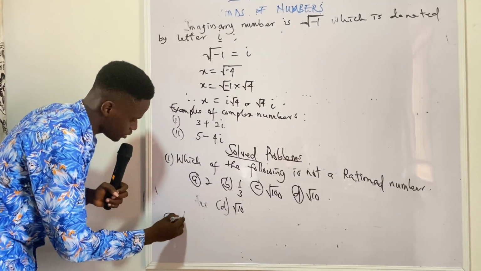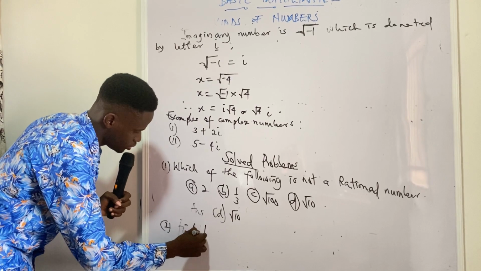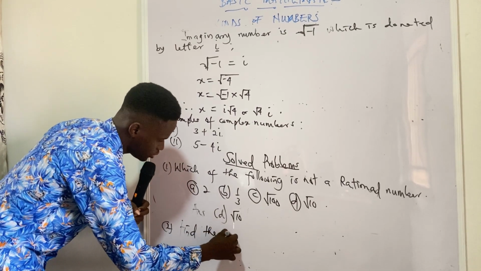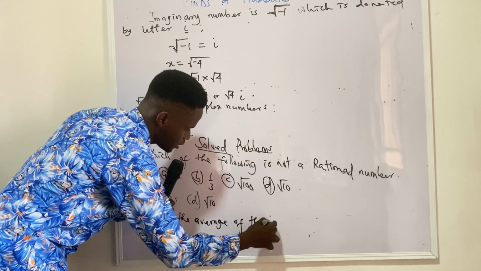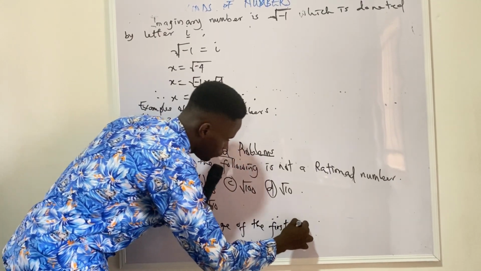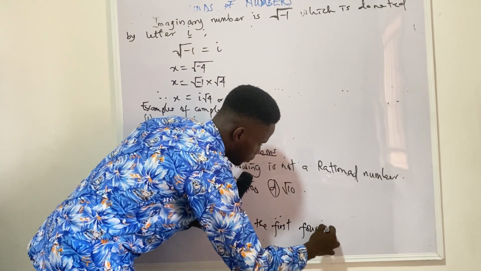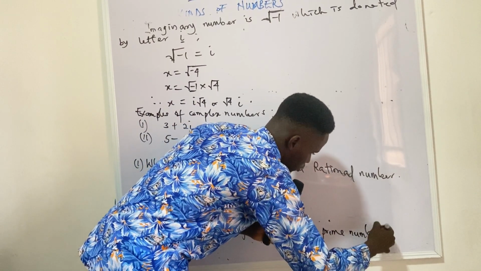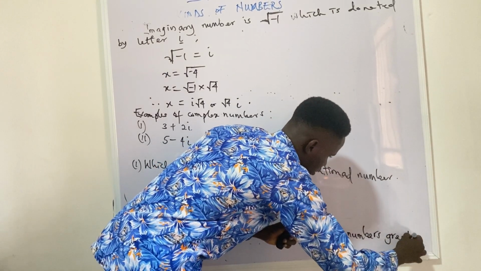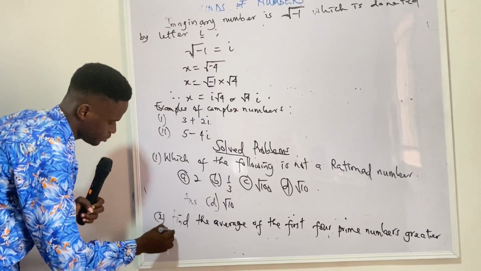Find the average of the first 4 prime numbers, let's say greater than 10.